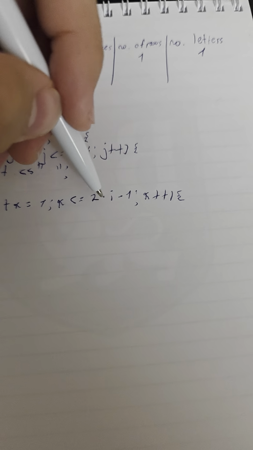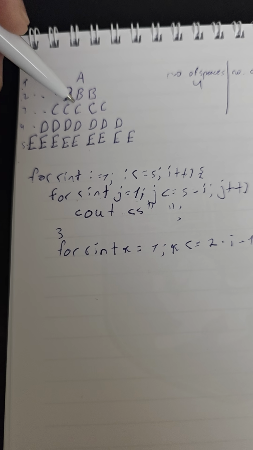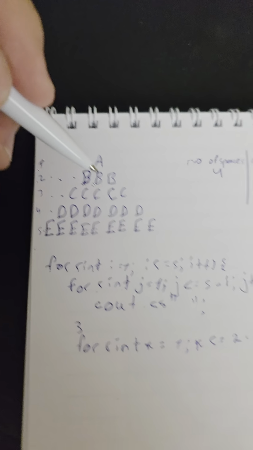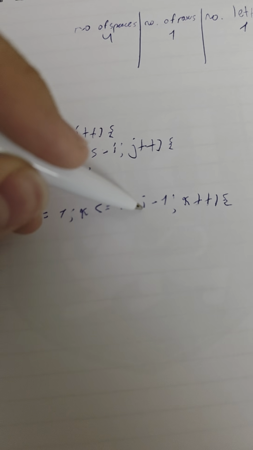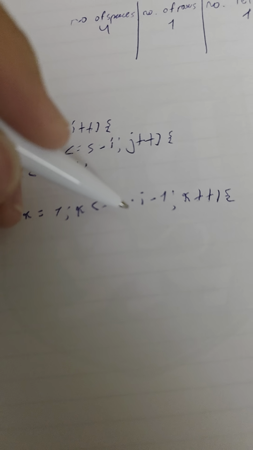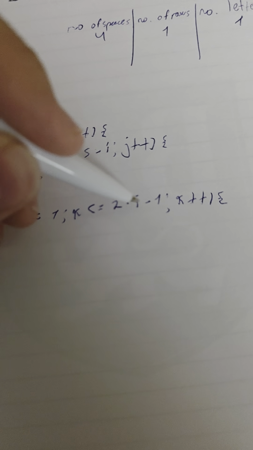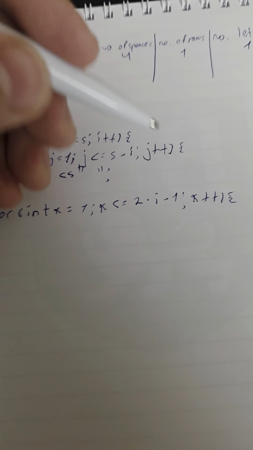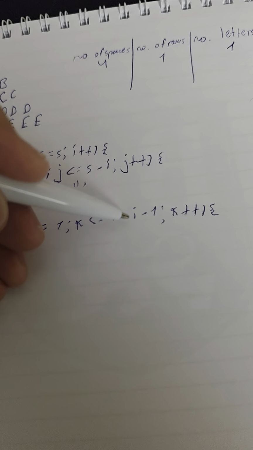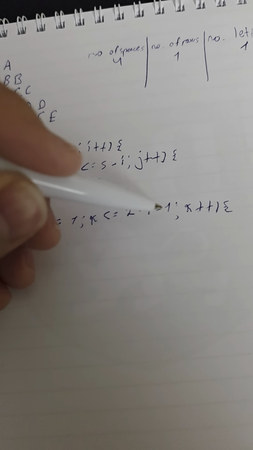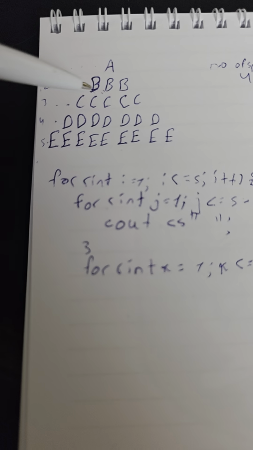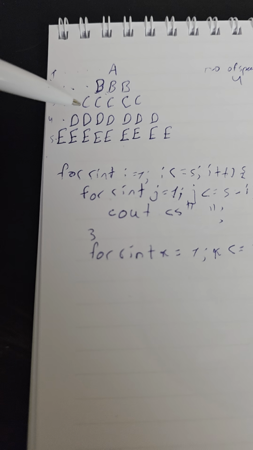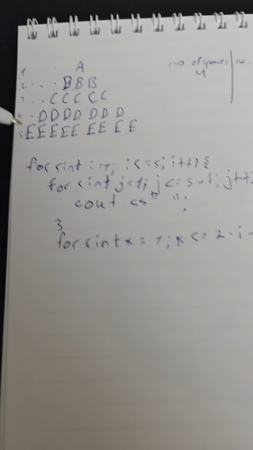So what is this? That's the number of letters that will be shown. When i equals 1, the number of letters will be 1: 1 times 2, and 2 minus 1 equals 1. When it is 2, it will be 2 times 2, 4, minus 1, 3. So it will be increasing every time.